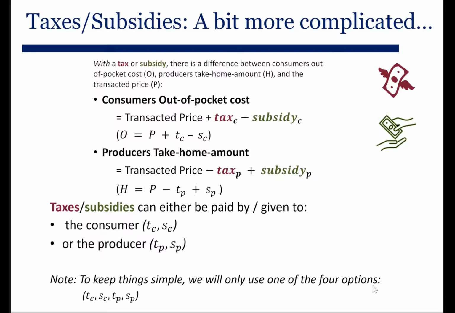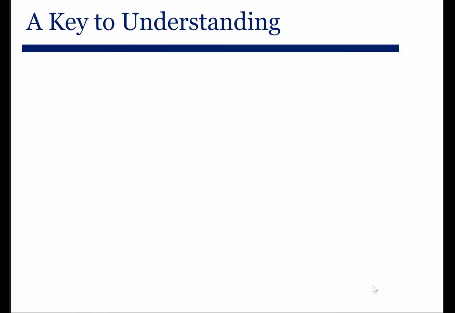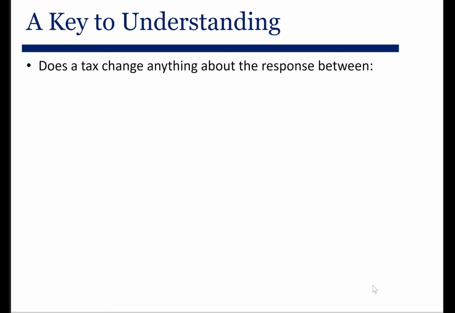Now, the key to understanding this material, to making sure that you're getting this right, is recognizing the answer to this question. Does a tax change anything about the response between quantity supplied and the take-home amount?